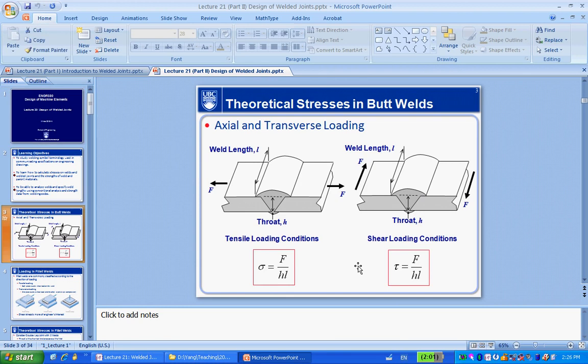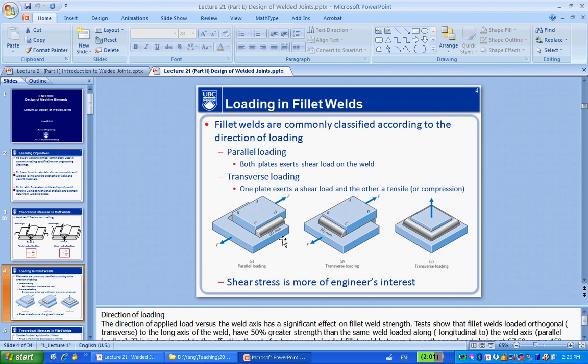So here are a couple of pictures of fillet welds. Understand that there are two types of loading here. One is called parallel loading. The other is called transverse loading. Parallel loading basically means both plates exert shear load on the weld.